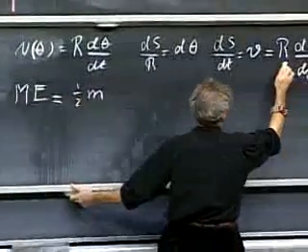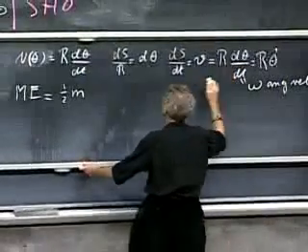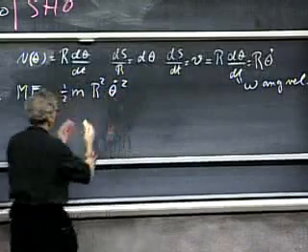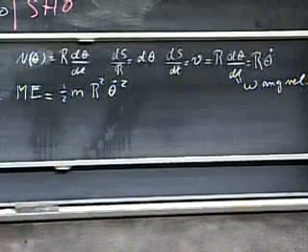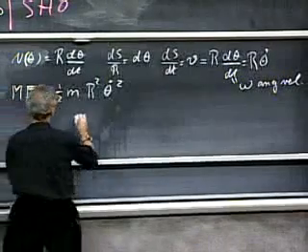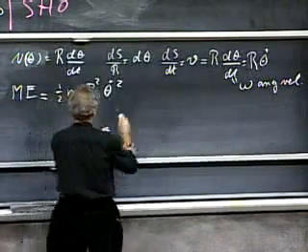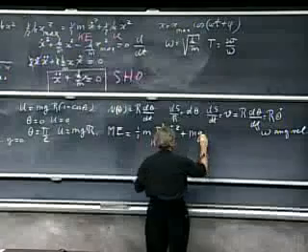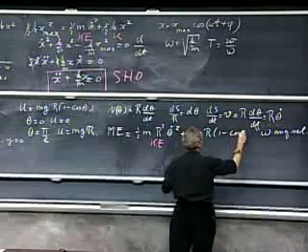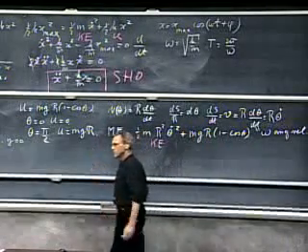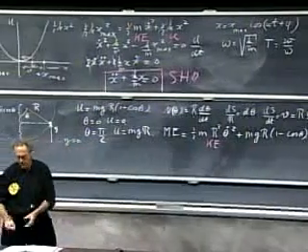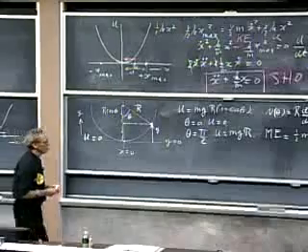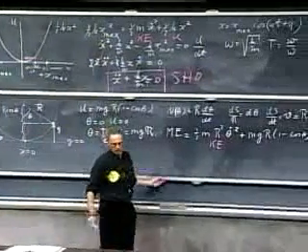And this is v, so that is r squared times theta dot squared. This is simply 1/2 mv squared, nothing else. So this is the kinetic energy, plus the potential energy, which is mg times r times (1 minus cosine theta). And this is always the same, independent of the angle theta, because gravity is a conservative force. So this is the conservation of mechanical energy.